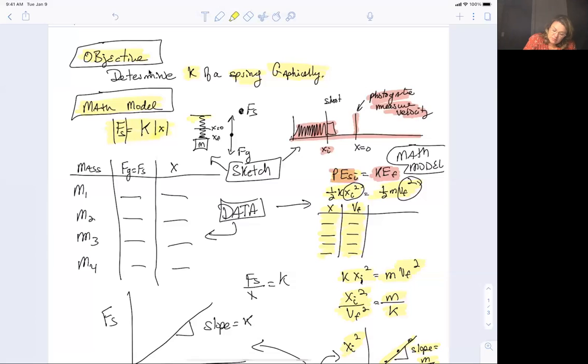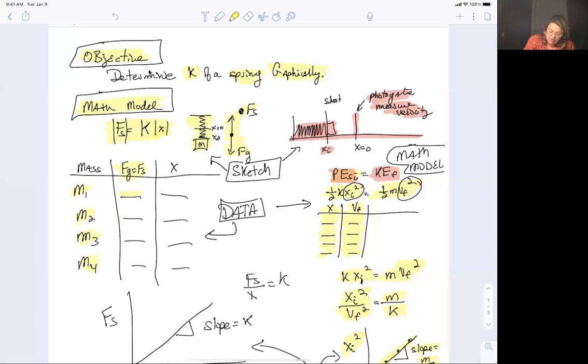Or what if I turned the spring vertically and hung a mass on it, a mass that I can measure? I could see by the free body diagram that the force of the spring has to equal the force of the gravity pulling on the block. If I know the mass of the block, I know how much force the spring is pulling up on it. And I could change the masses, mass 1, mass 2, mass 3. So the force of gravity, which is mg, equals the force of the spring.